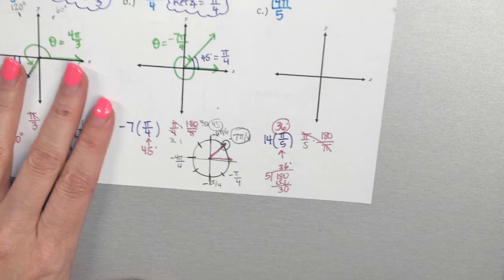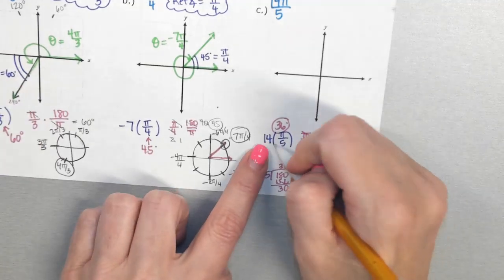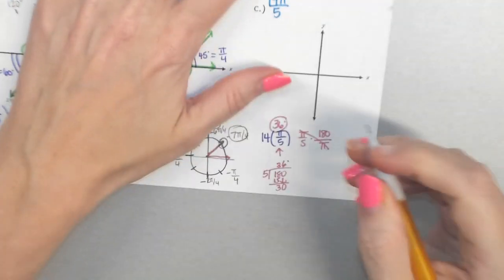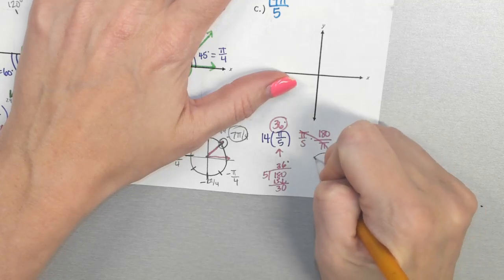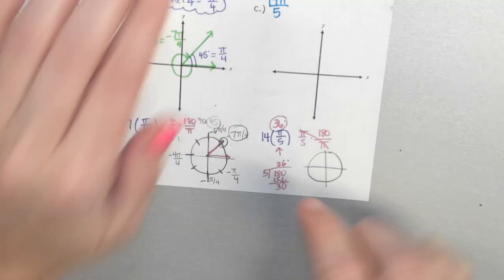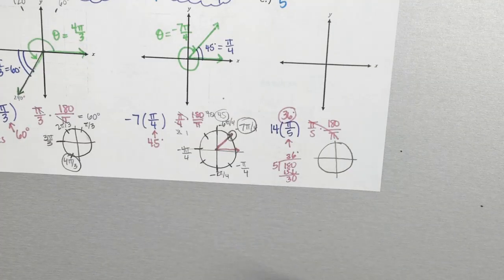When you are working with these bigger numbers, think about what one full rotation is. We know one full rotation is 2 pi. So what would 2 pi be with a denominator of 5?